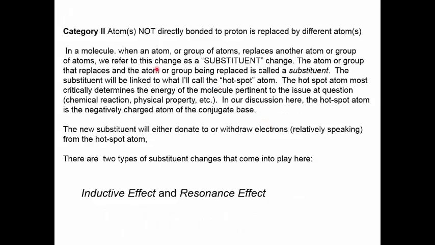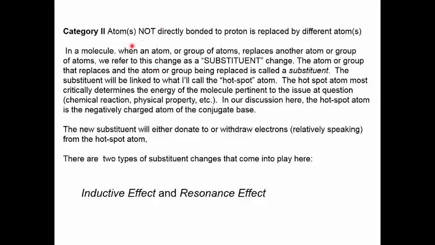Now we come to a second category of structure change. Here we'll not change the atom that's directly bonded to the proton, but rather we'll change an atom or group of atoms more remote from that site. We'll change an atom or group of atoms that's not directly attached to the acidic hydrogen.